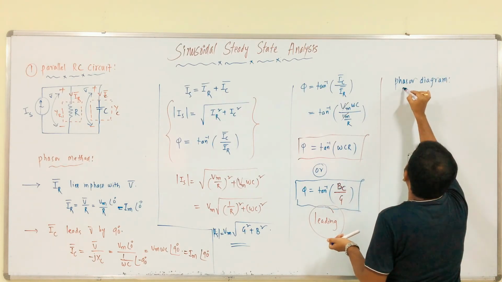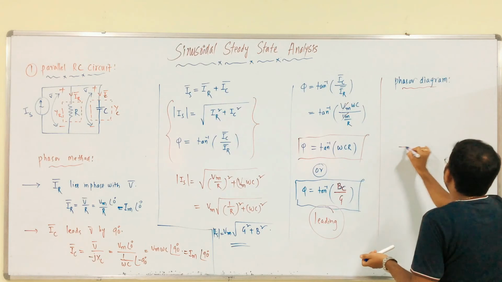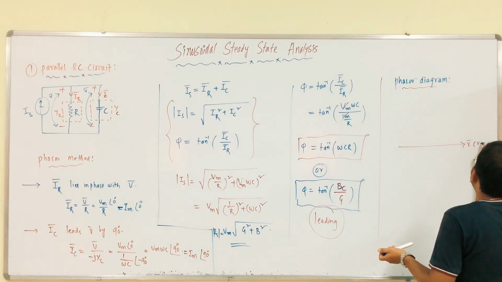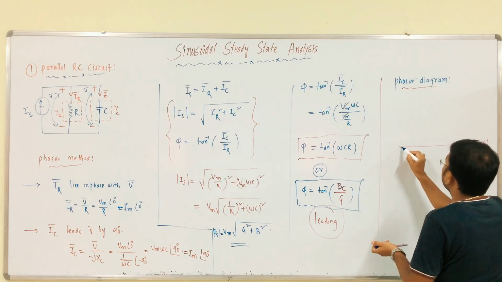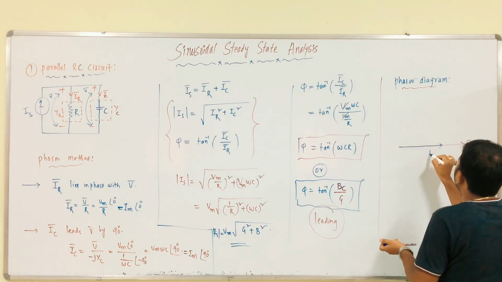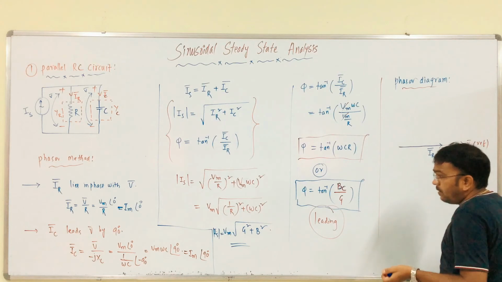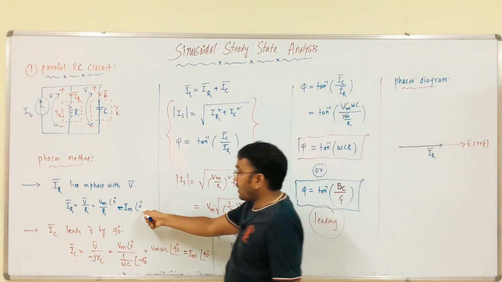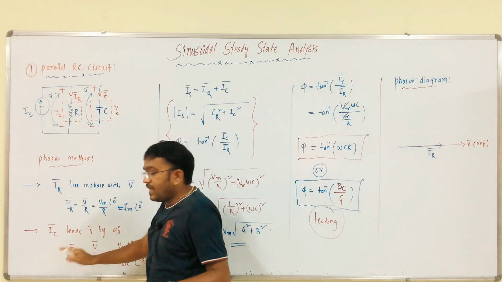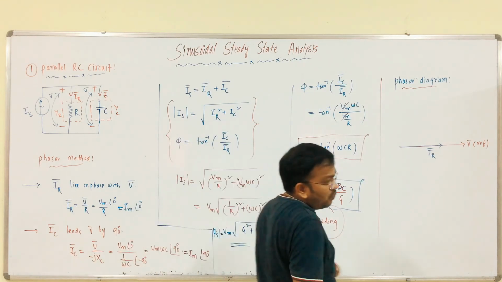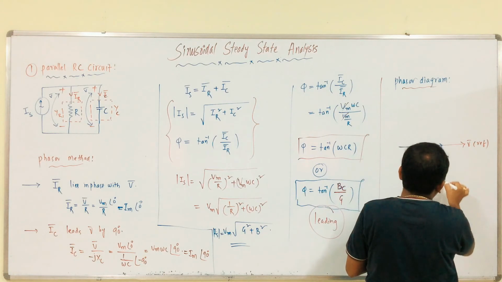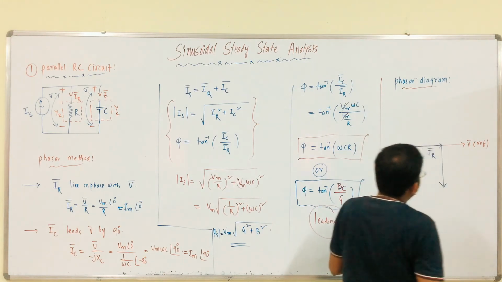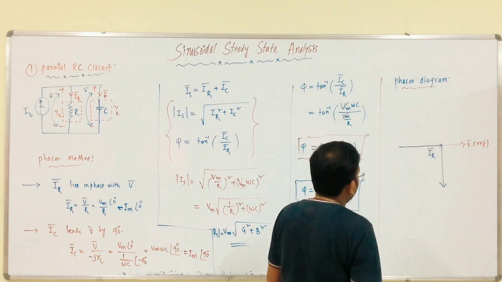For the phasor diagram, the reference is what? Voltage is taken as the reference, clear. Then IR is always in phase with V. This is IR, clear. Then you have to draw the phasor of IC. IR completed, V completed, then IC. Current leads voltage by 90 degrees, clear.